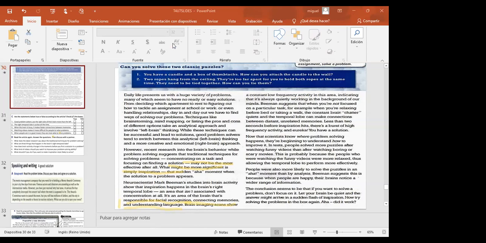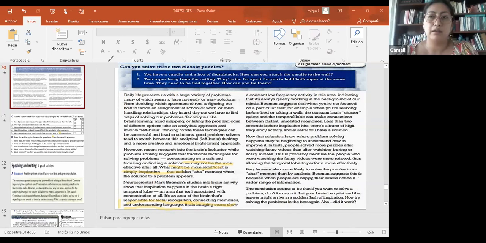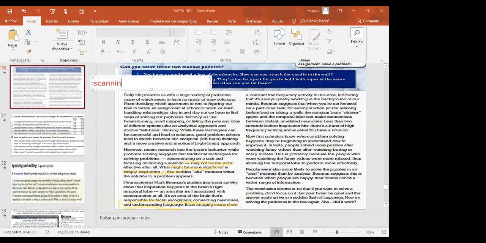Let's see if you remember. Are we scanning or skimming? I think we're skimming. Scanning. No, we are scanning and skimming. The first question I asked you, general idea, is skimming, right?